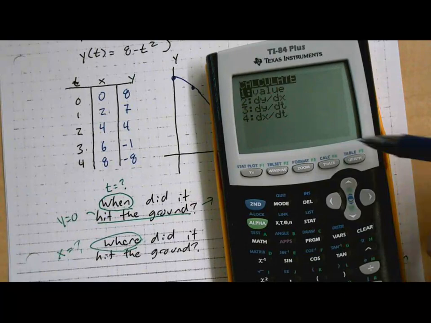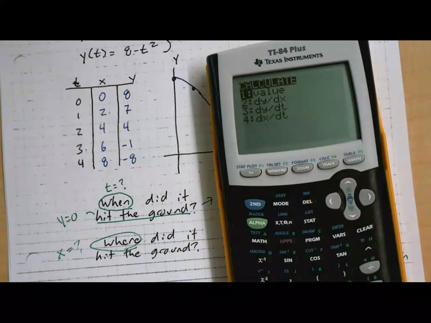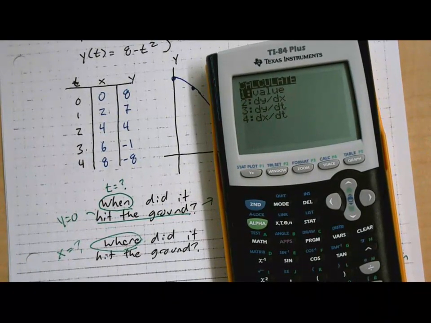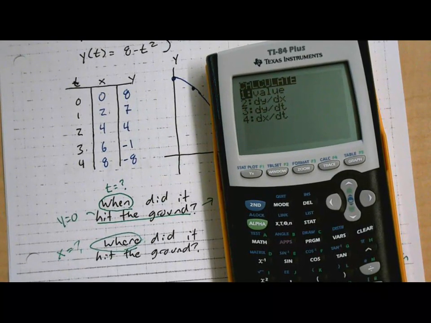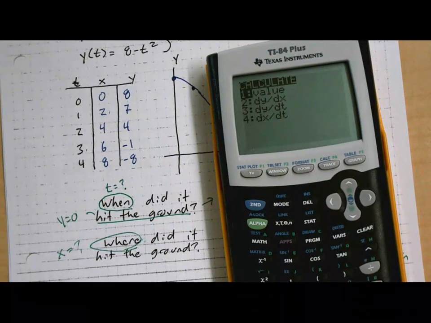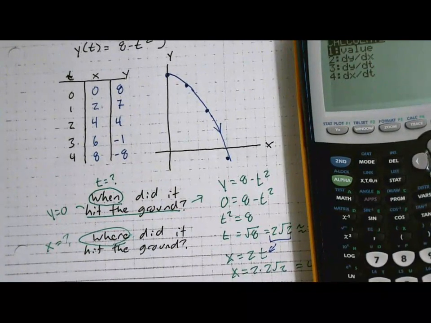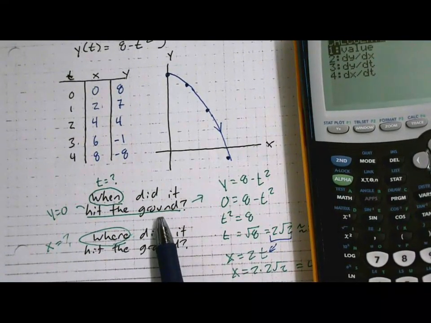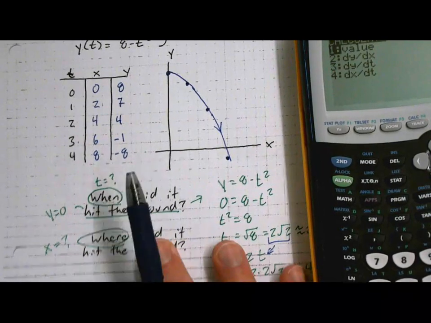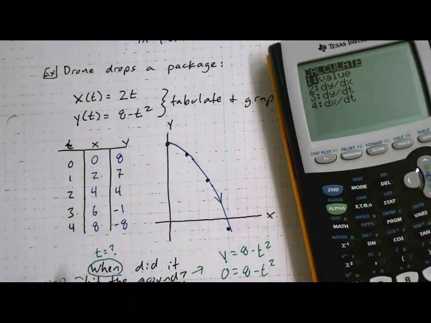And all of this is calculus stuff. You'll learn about this next year. So it's not giving us options to do intercepts. So if we wanted to do this, and guys, I really need your attention here. You do not want to miss this, okay? This is where things are going to start getting messy for you when we start getting into more complicated problems. If I want to answer this question about when it hit the ground, I'm going to have to actually move out of parametric mode and focus in on just one of these equations, okay?